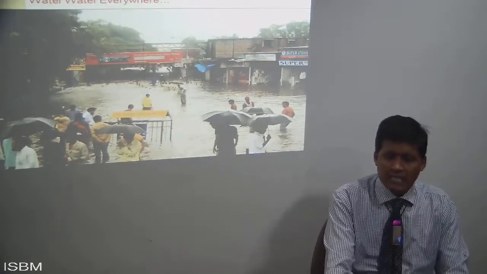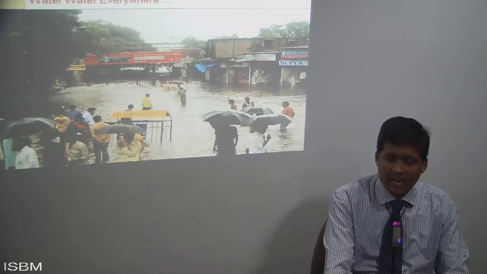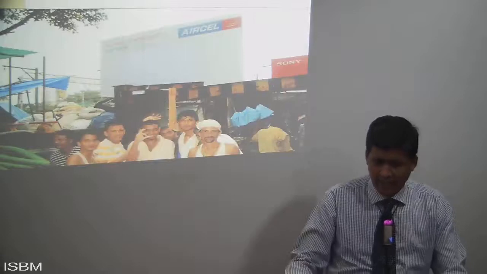Now, water is everywhere, as you can see in these images. And if you see this statement, the rope was cut. That means in case of emergency, cut the rope, they actually cut the rope, and that's what they depicted in the hoarding, which is part of their marketing strategy.